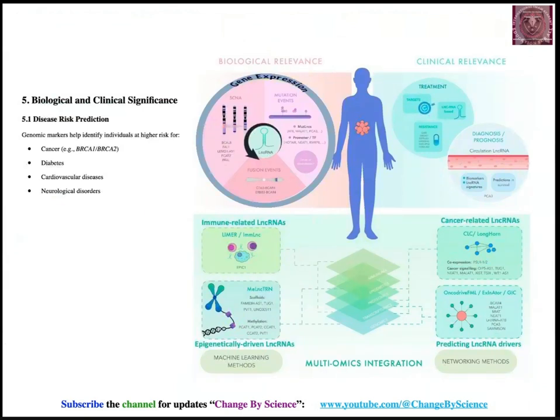Now it comes to the biological and clinical significance, which includes disease risk prediction. For example, genomic markers could help identify individuals at higher risk for different human diseases, such as cancer, diabetes, cardiovascular disease, and neurological disorders.